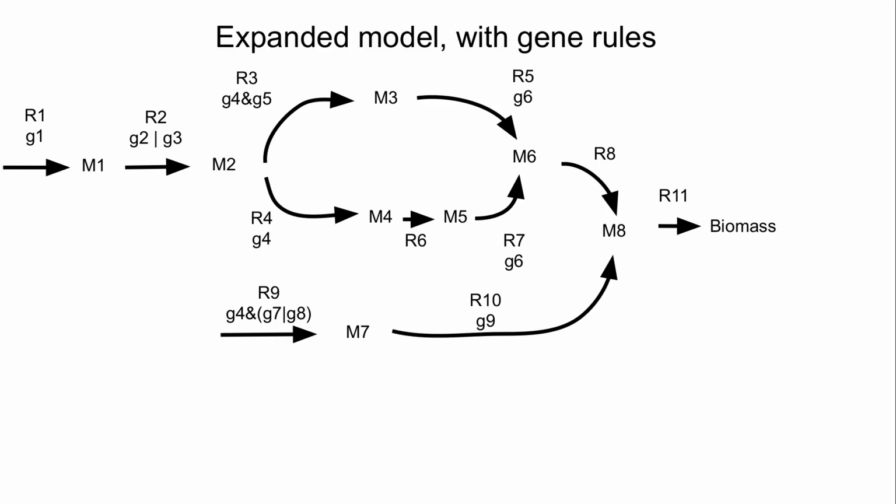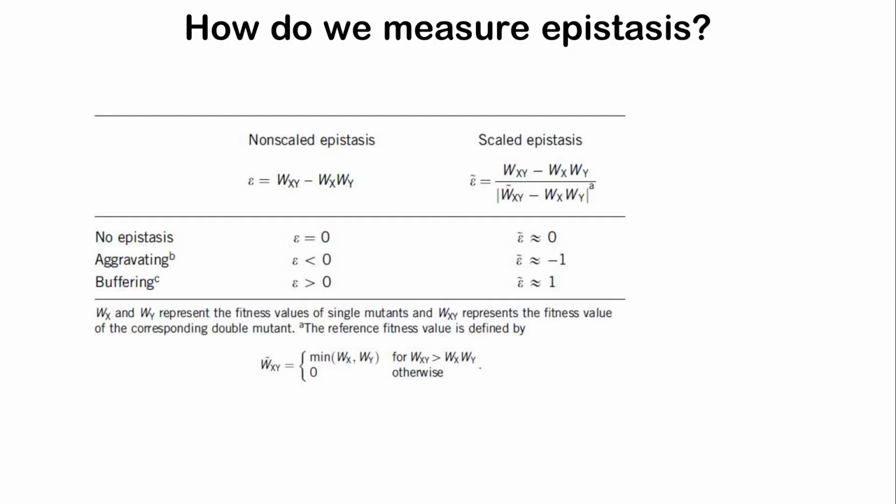And that is an example of an aggravating epistatic interaction as well, because we consider epistasis to be governed by the product of the fitness of each mutant. As we can see here, the way we measure epistasis is we take the fitness or the growth of the double mutant and subtract it from the product of the fitness of each of the single mutants.